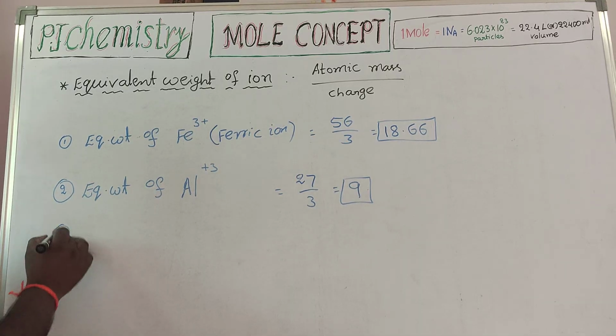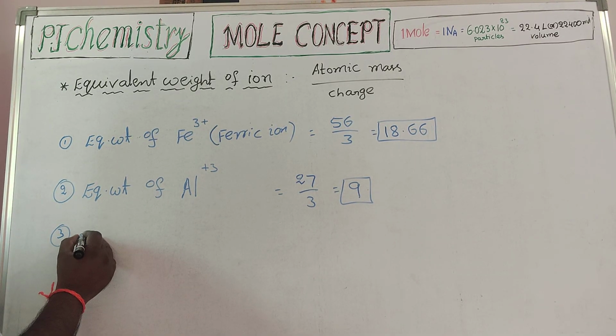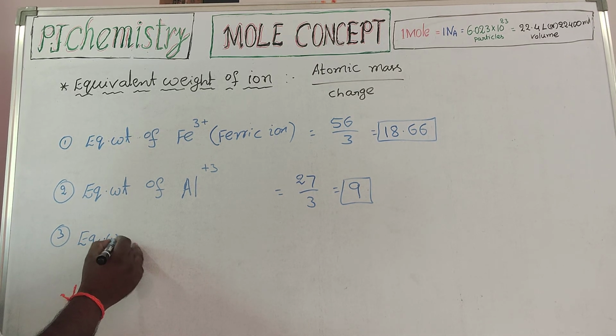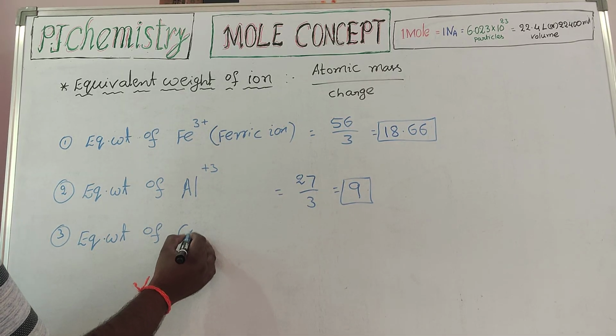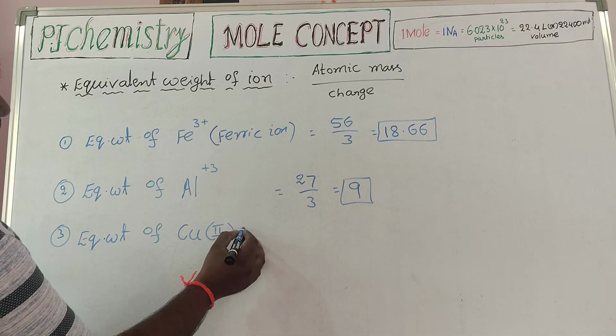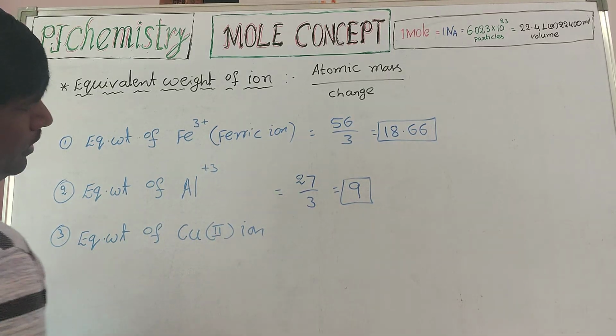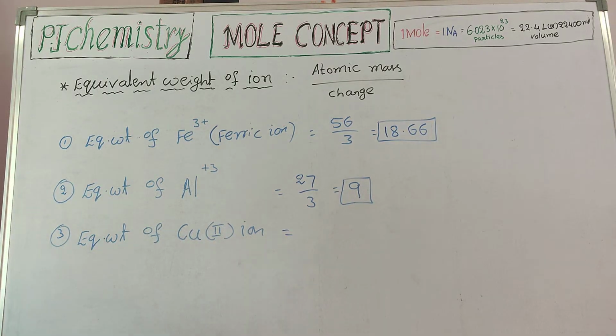Next, find the equivalent weight of the copper 2 ion. Copper 2 means copper plus 2, cupric.